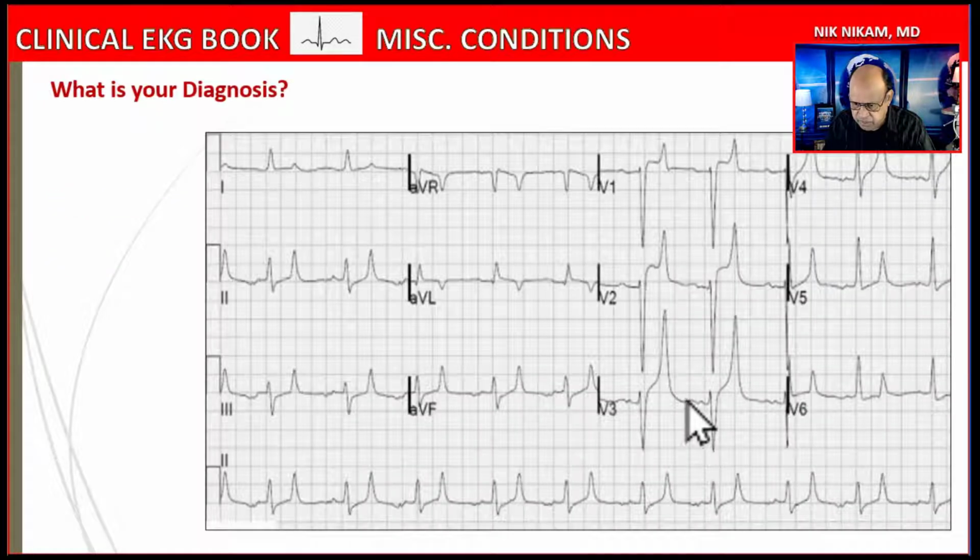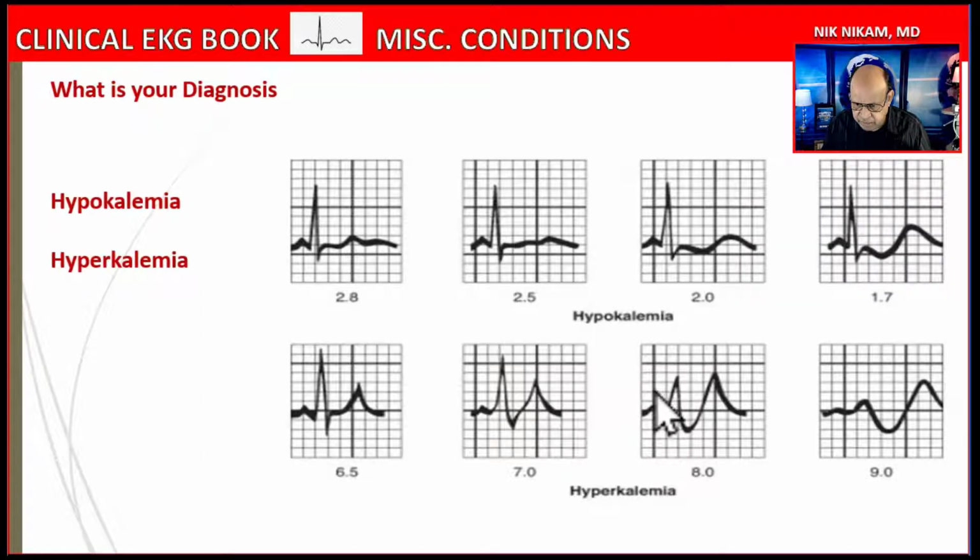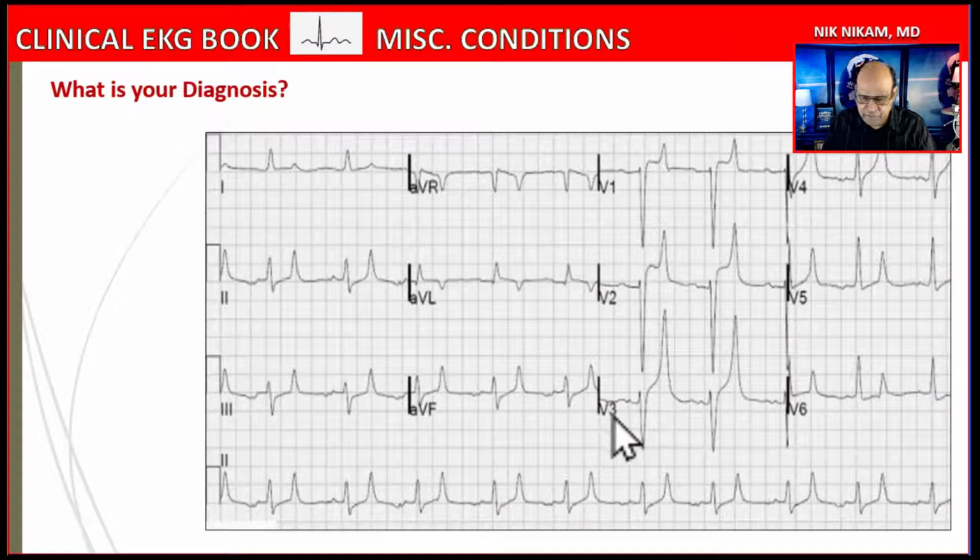Because if you had a widening of the QRS complex with a broad base, then you're going to be looking at something like this, where the serum potassium level could be 8.0. Okay, here we have a hyperkalemia, which could range from anywhere from 6 to 7. So that's something that needs immediate medical attention.